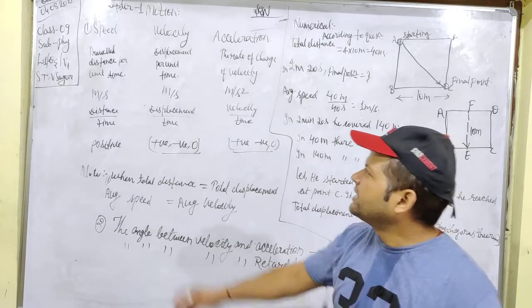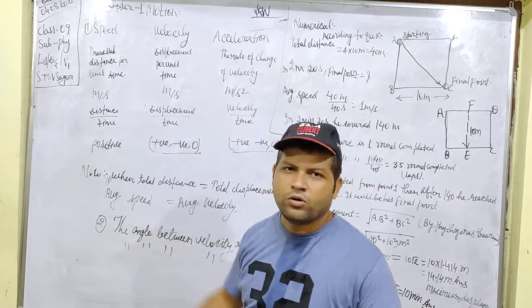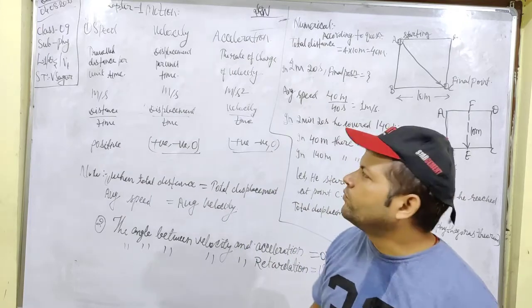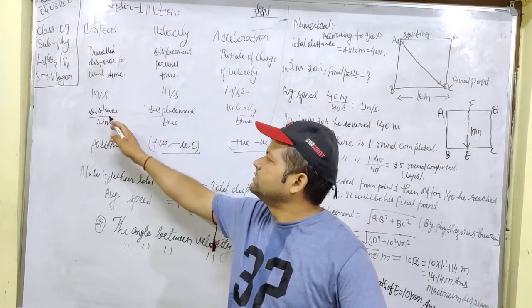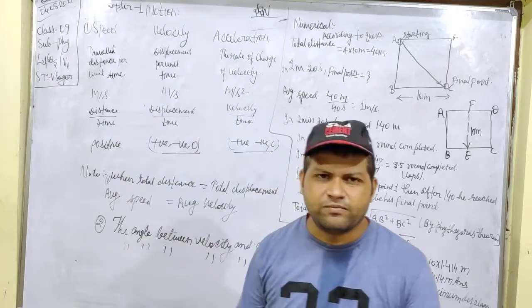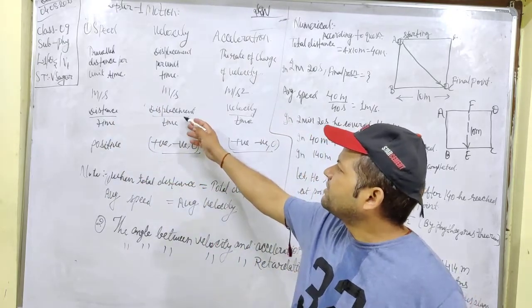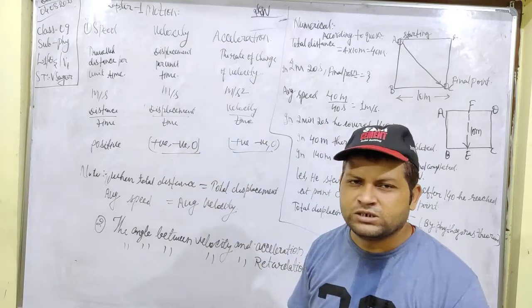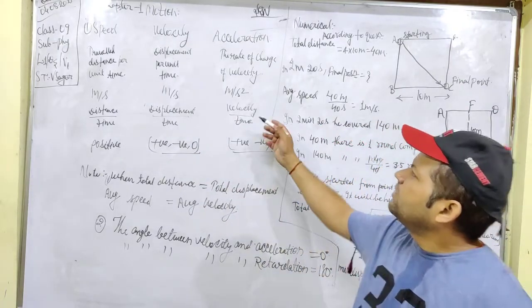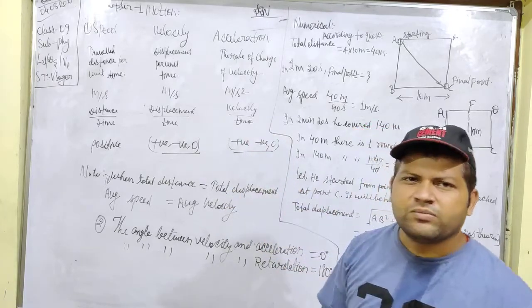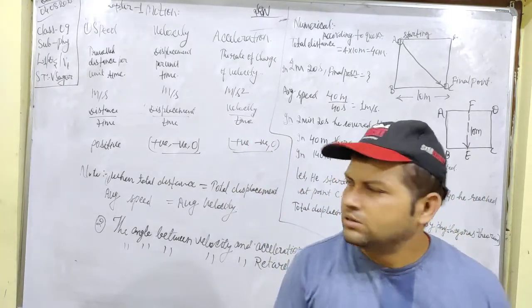For numerical purposes we apply the formula distance by time to calculate speed, displacement per unit time to calculate velocity, and velocity by time gives us acceleration.